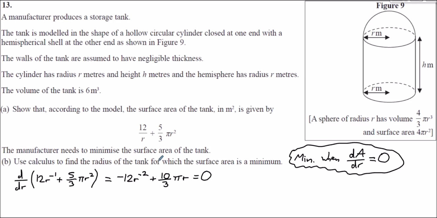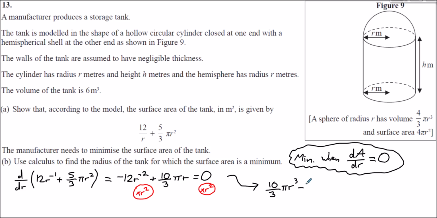So what to do with this? Well, my suggestion now would be to multiply through by r squared. So if I times both bits by r squared, what I'll now have is essentially, if I put the positive term first, 10 thirds pi r cubed. 12r to the minus 2 times r squared, the r squared times r to the minus 2 cancels, so I just get minus 12.